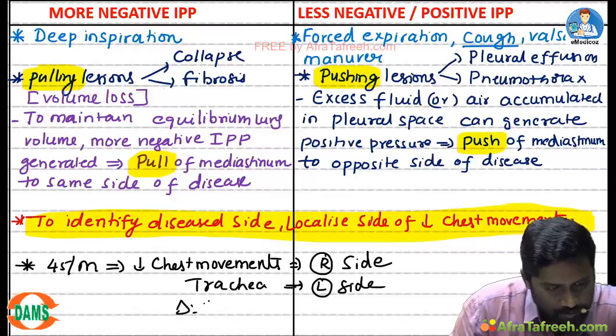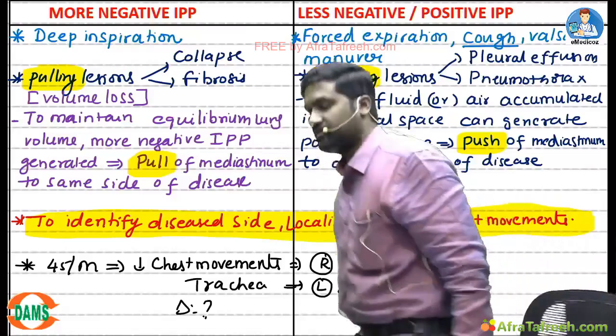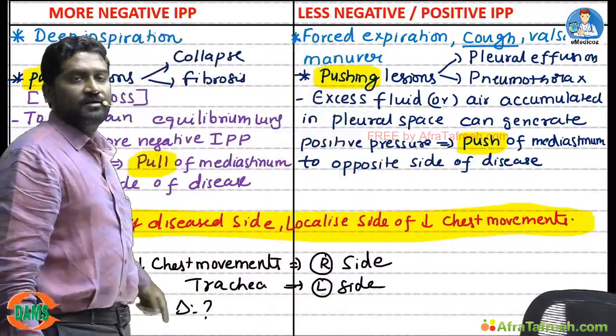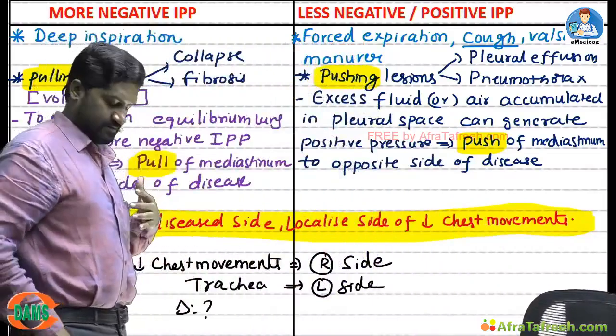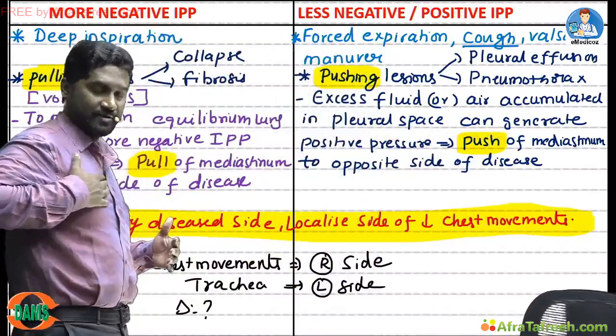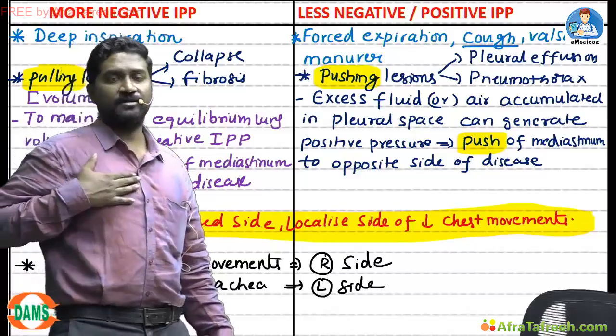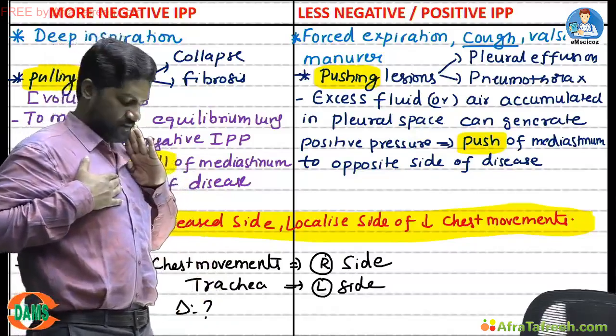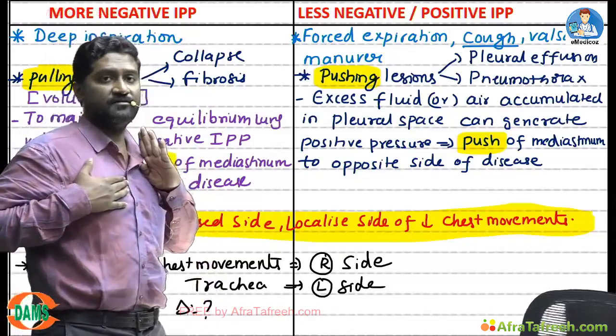What can be the probable diagnosis? So his chest movements have been decreased on the right side. Trachea is towards the left. What can be the disease, students?